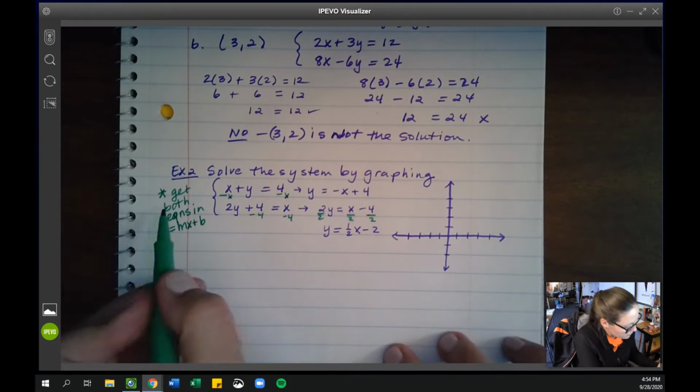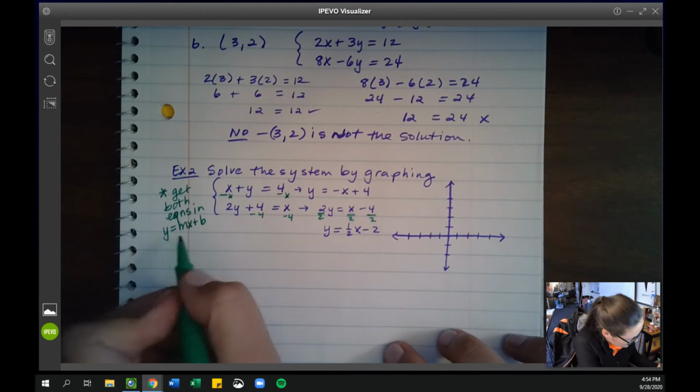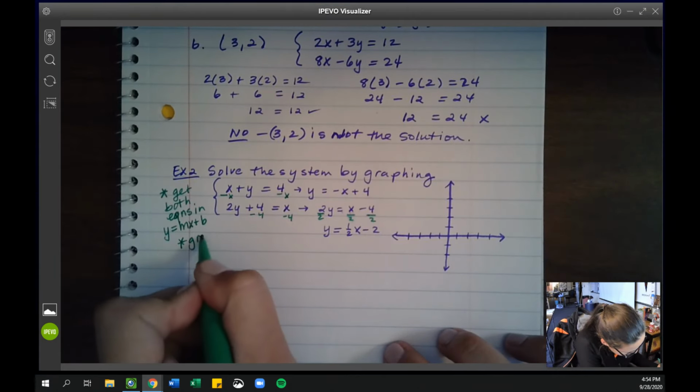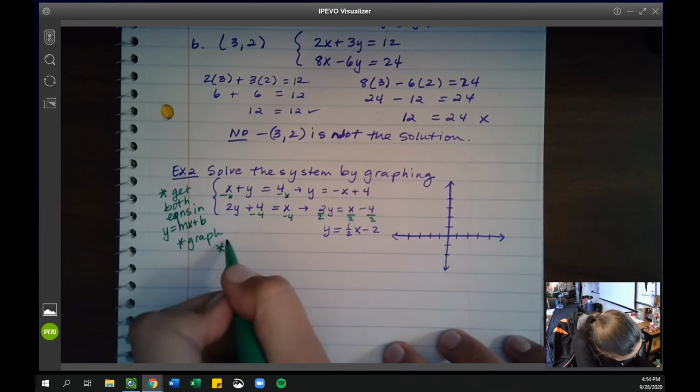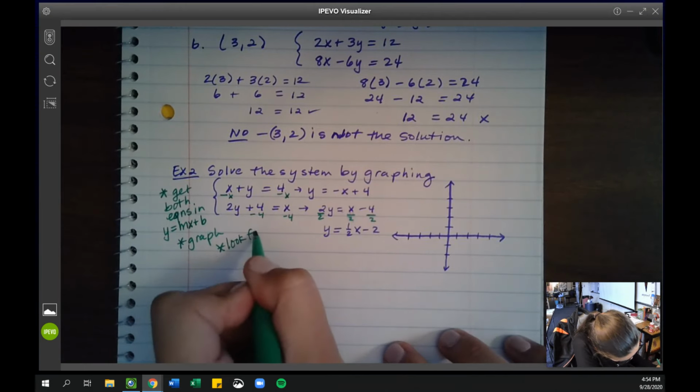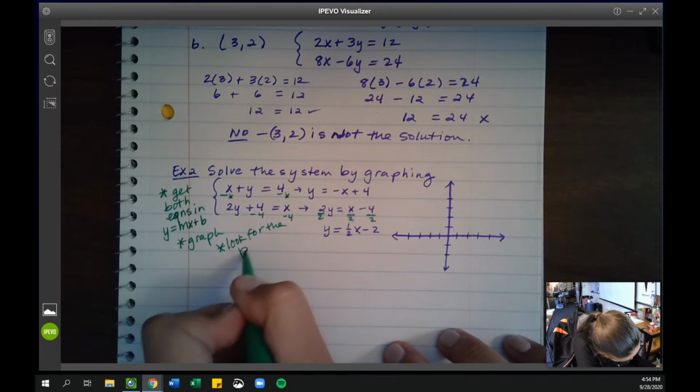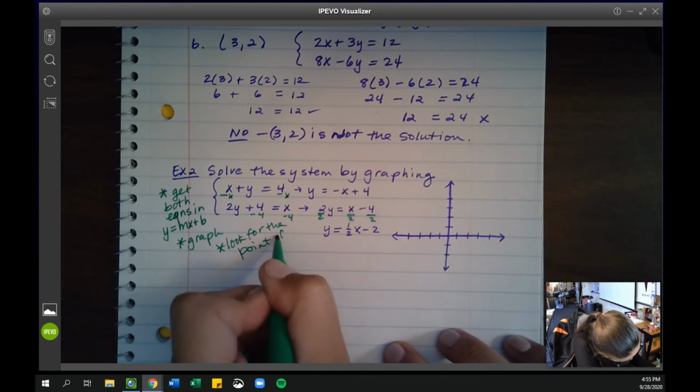Okay, so we got both equations in slope-intercept form. Now we're going to graph, and then we look for the point of intersection.